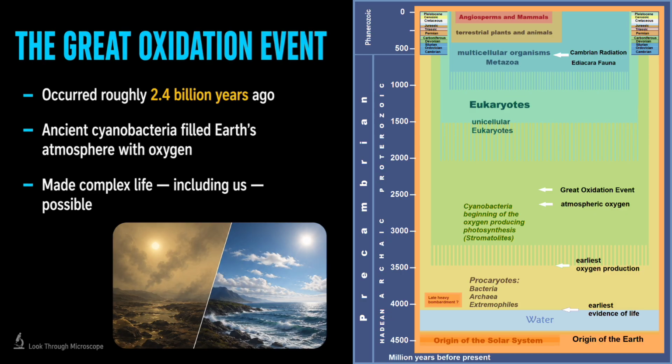Then, cyanobacteria, the ancient relatives of the very organism swaying on your screen right now, began photosynthesizing at massive scale, slowly filling the atmosphere with oxygen. That single change eventually made complex life, including us, possible. So, in a very real sense, you're looking at a living relative of the organism that helped make Earth breathable.